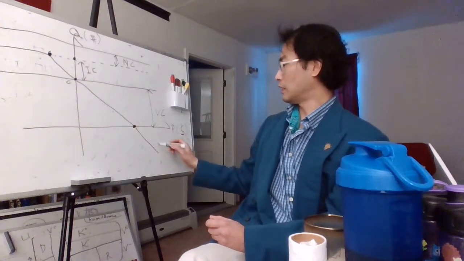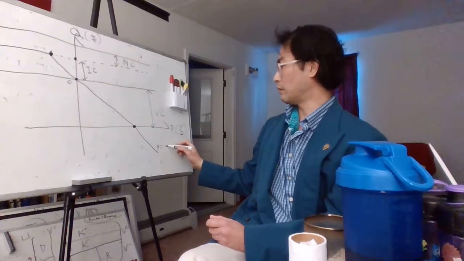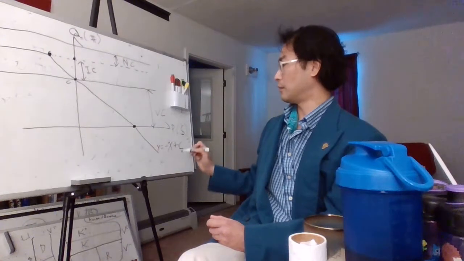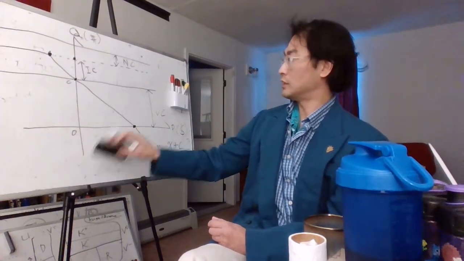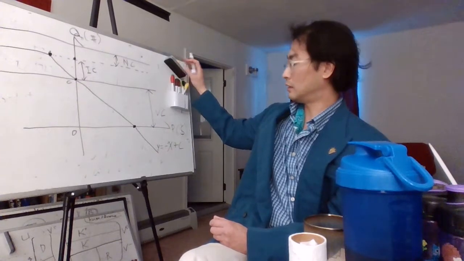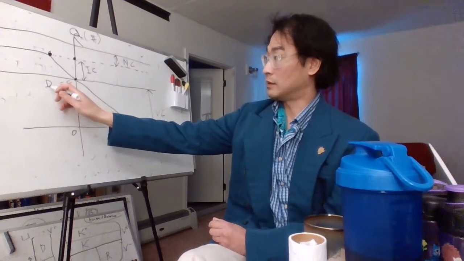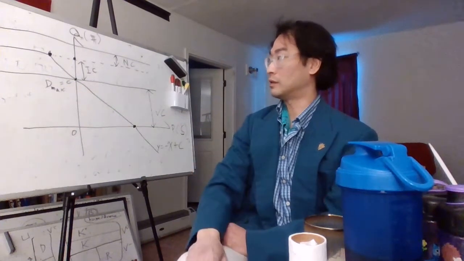Then this straight line, pretend this is a straight line, y is equal to minus x plus c. And this is d max, the maximum demand.